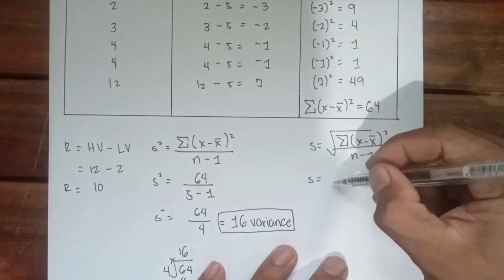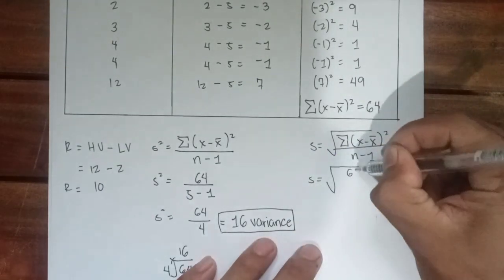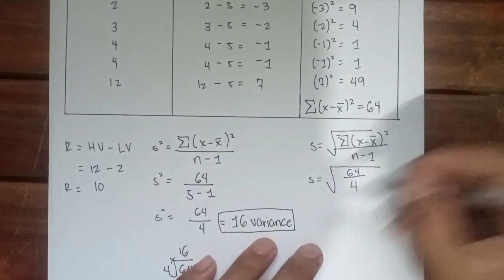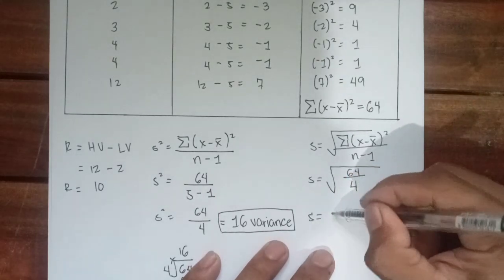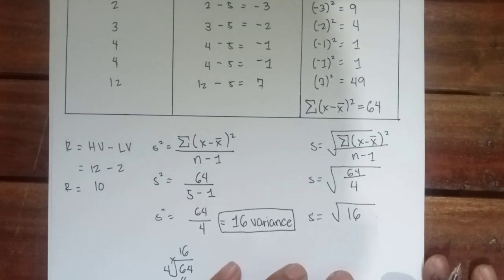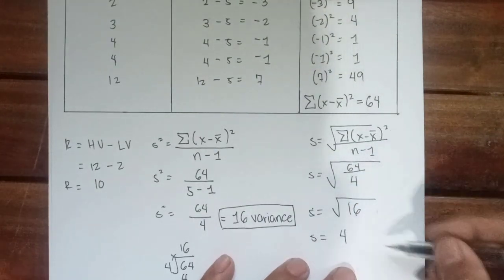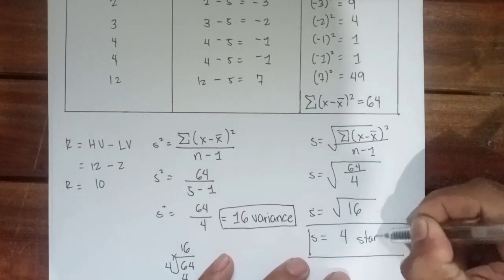So, S is equivalent to the square root of 64 over 4. Diniretso na po natin kasi paulit lang po. So, S is equal to the square root of 16. So, ang ating S or the standard deviation is 4. So, ito na po ang ating sagot dito.